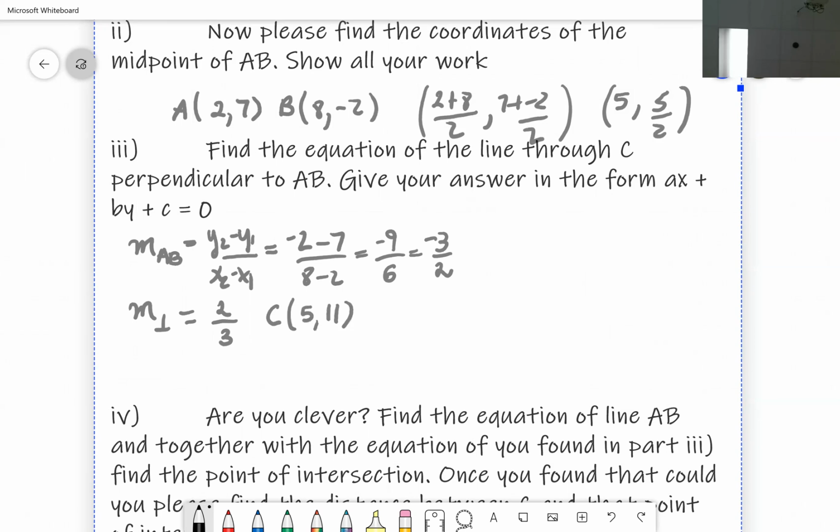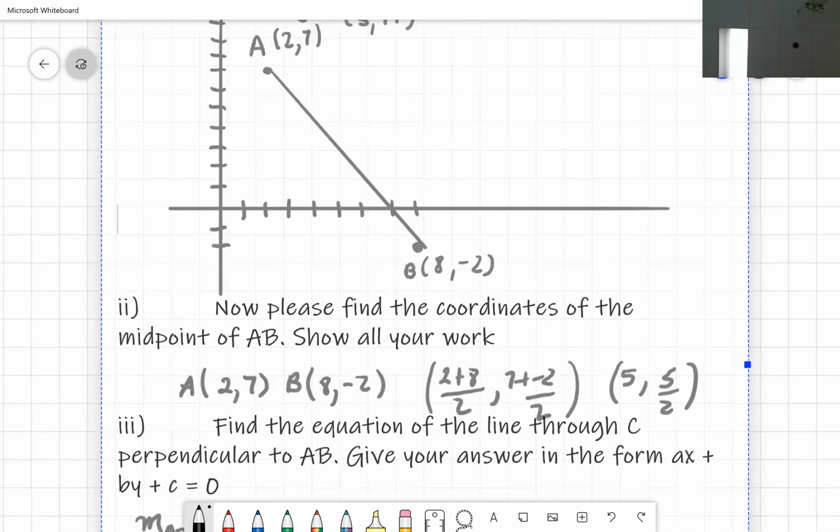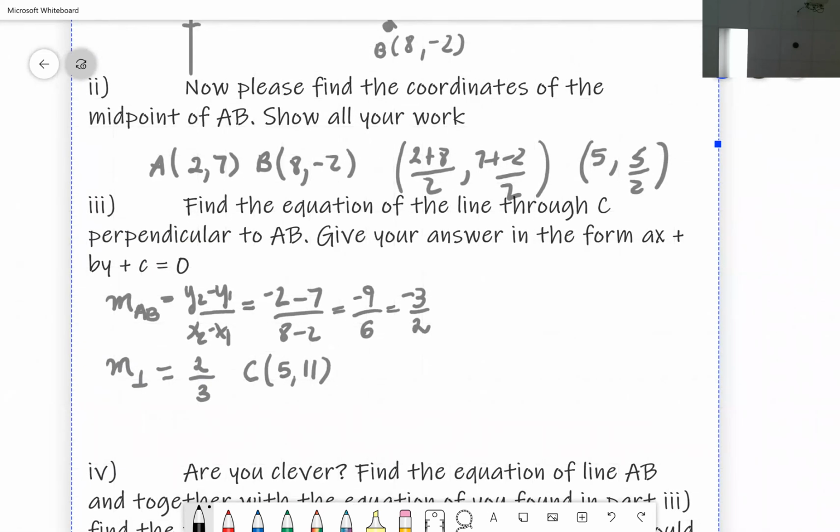Let's just make sure, because I don't trust myself. 5, 11. So now all I do is the rest of the work. I use point slope form, right? And then you just go ahead and write y minus 11 equals 2/3 times x minus 5.